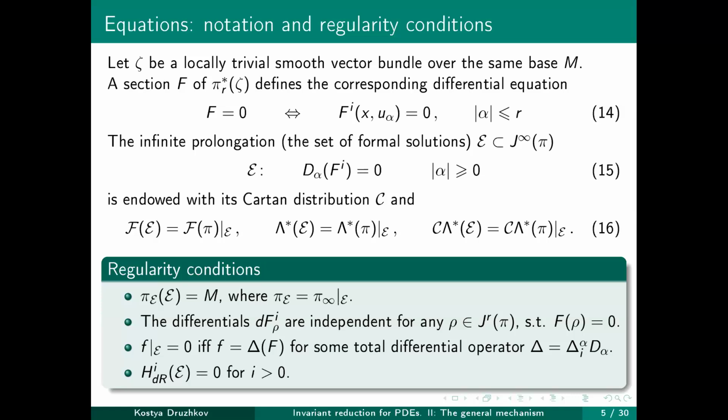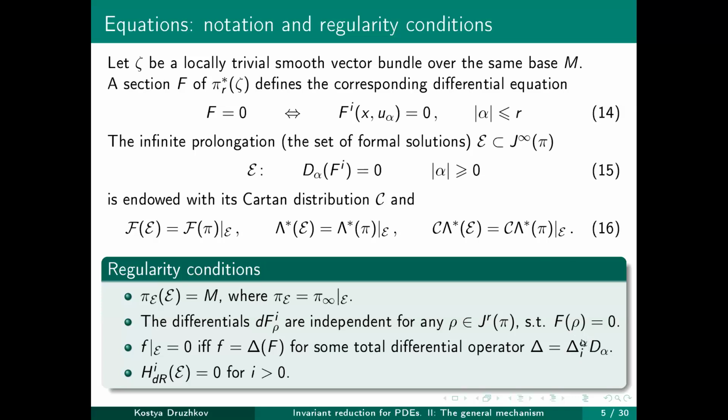Yeah, the third one is more important. The third one is actually the regularity condition itself. We require that the function vanishes on our equation manifold if and only if it can be represented in the following form as delta of f for some total differential operator. Total differential operator means a differential operator like in total derivatives, so in components, this operator has this form.